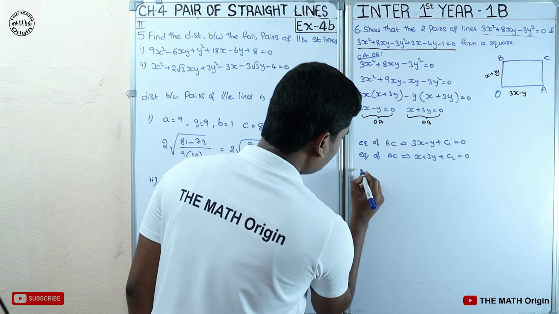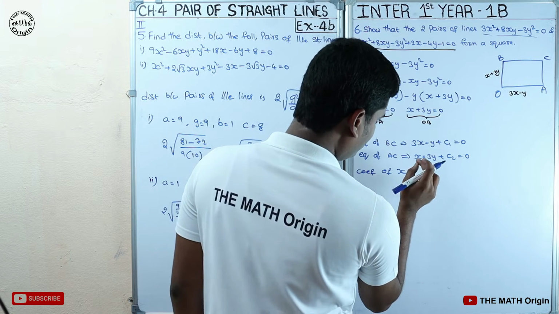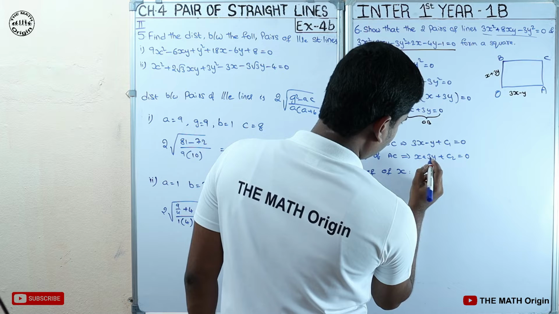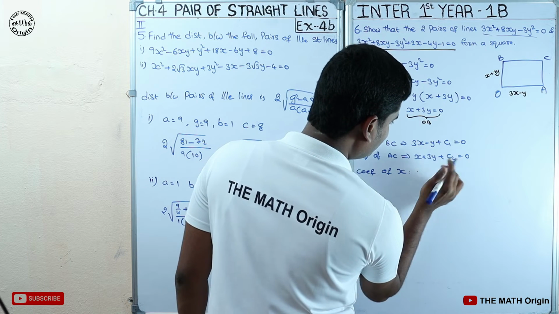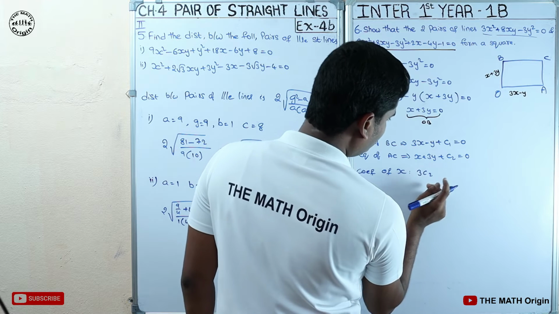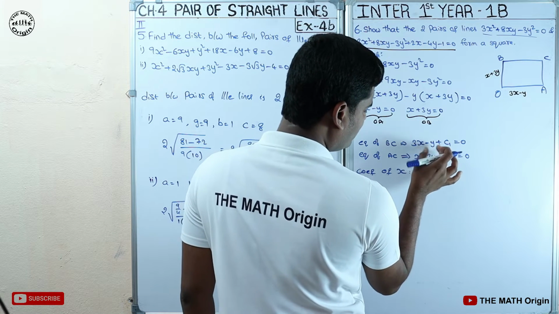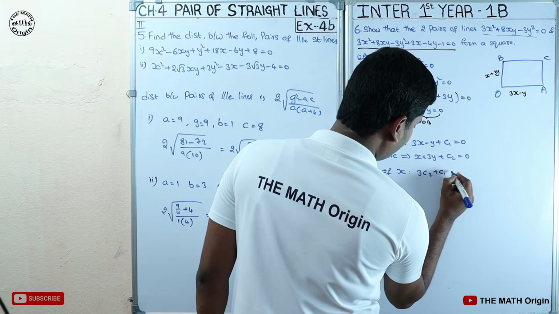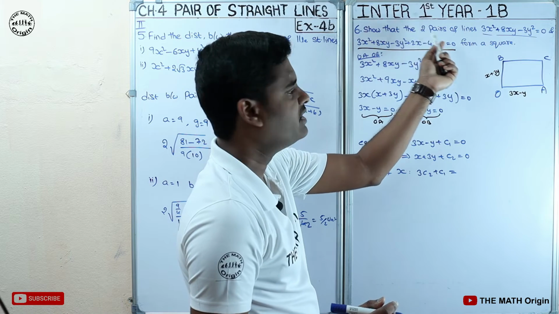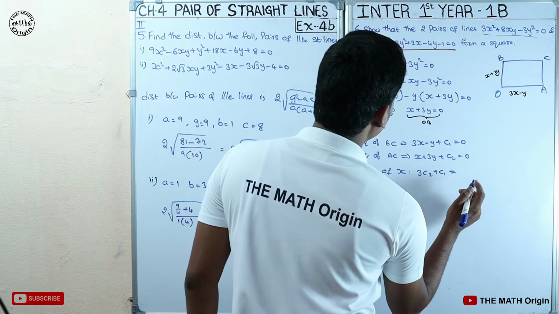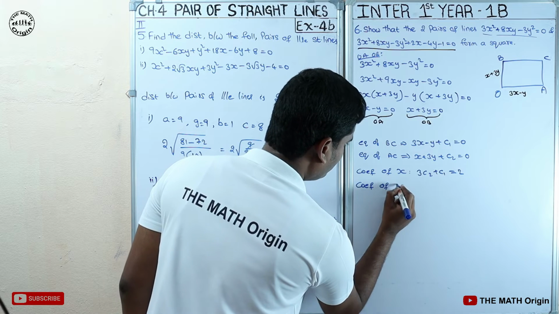So from this let's take the coefficient of x. Coefficient of x means this 3x into this complete equation, we will get 3c2. Next this complete x, this second equation into this one, then it will be only plus c1, which will be equal to the coefficient of x of this pair of straight line equation, which is 2. Next the coefficient of y.